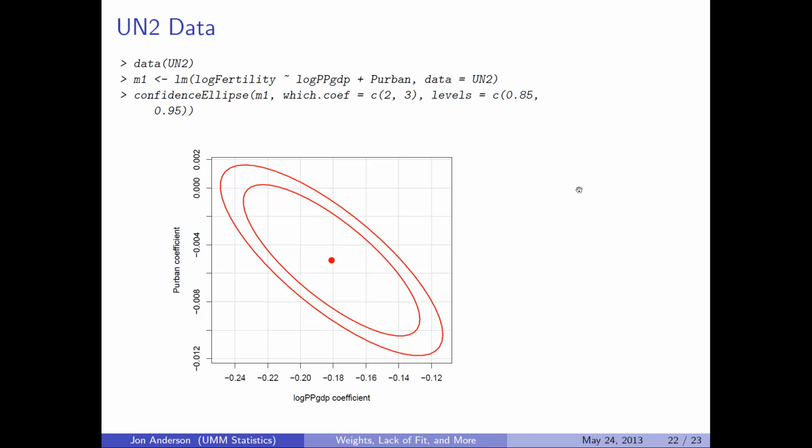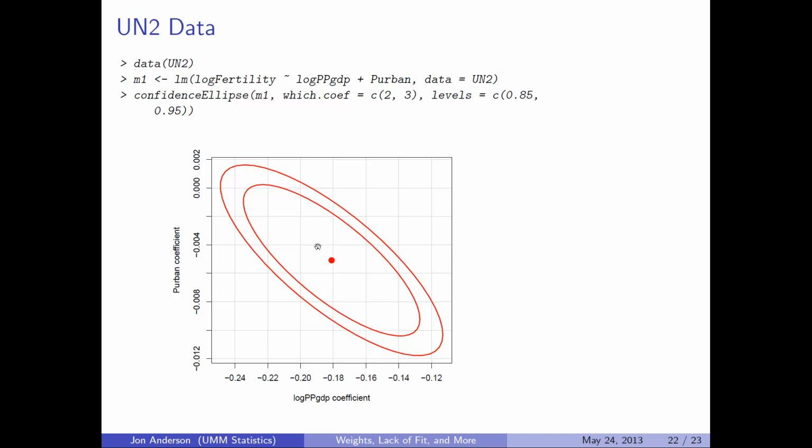So it is very clear evidence from this set of ellipses that there is definitely some joint effect of the per person GDP and the percentage urban, and that 0 and 0 are not reasonable simultaneous values for these beta coefficients. What does seem to be reasonable is that both of them are negative. If you look at the values in these confidence regions, the reasonable statements about those two parameters tend to be negative values.